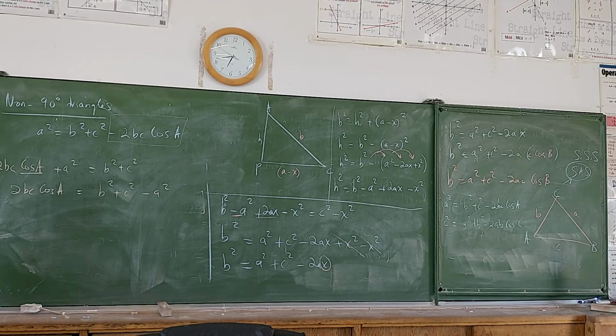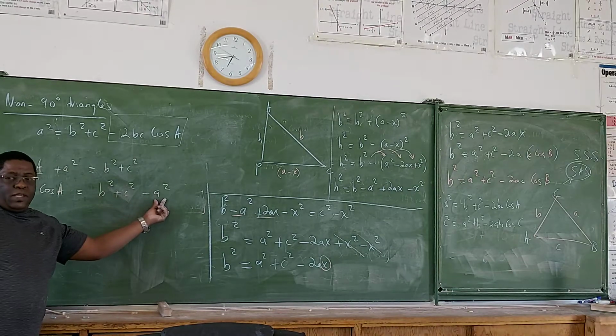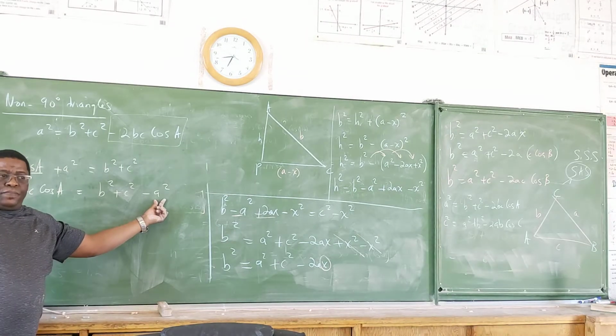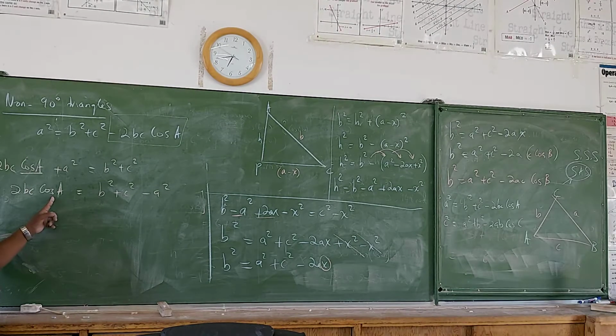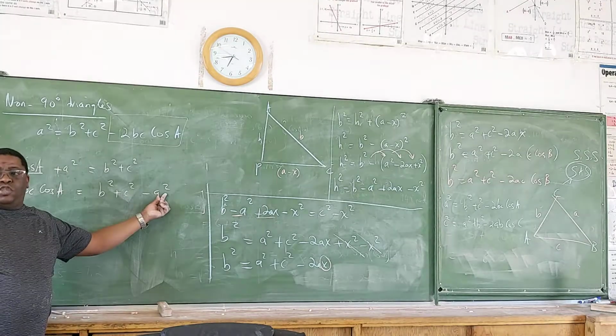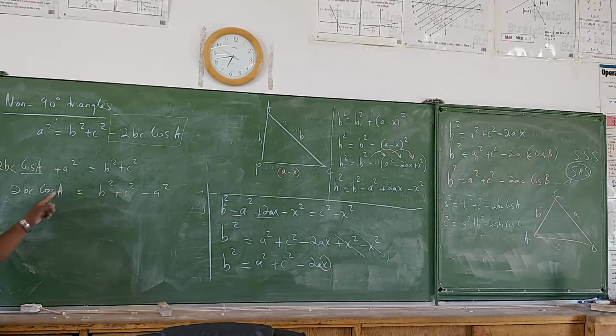One of the things you should remember when writing this formula down: whatever the cos is, what you're subtracting must be that side. So if this was cos B, it would be minus b squared. If this was cos C, it would be minus c squared.